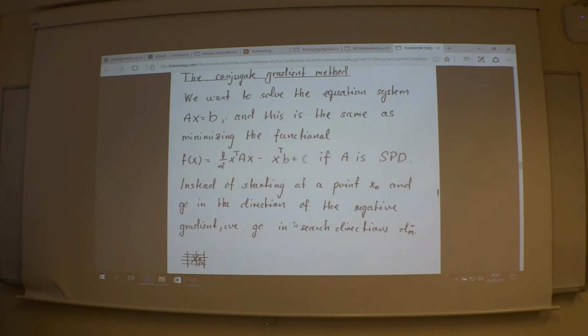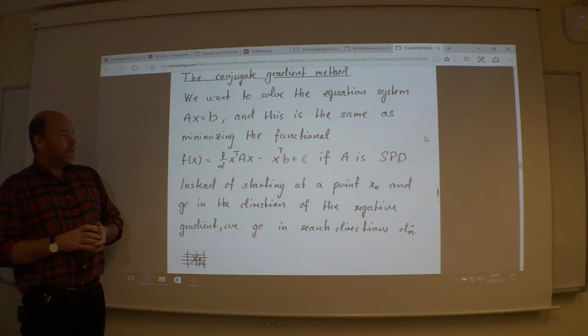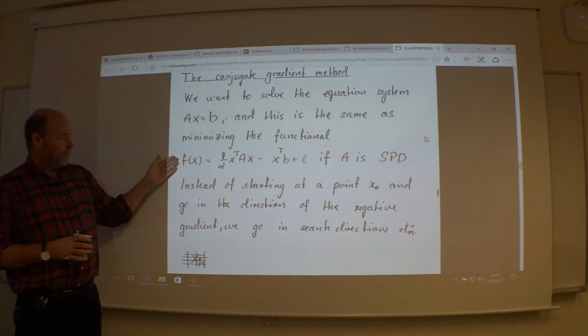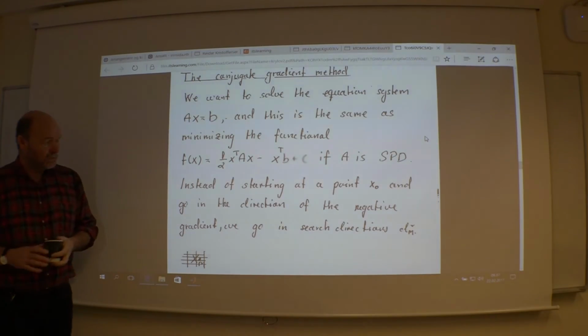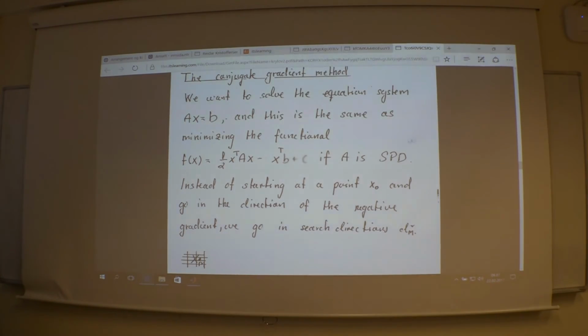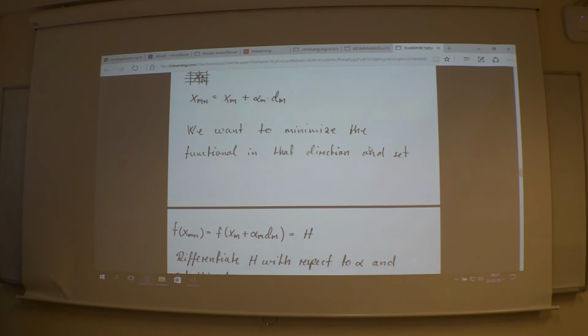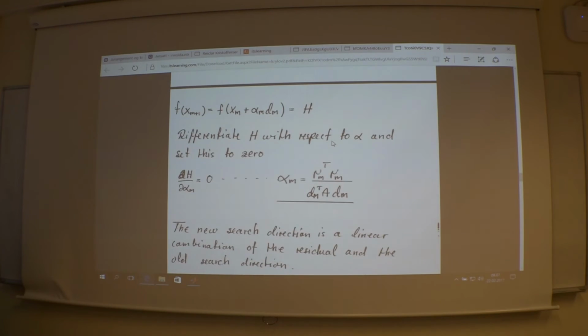So here you now have conjugate gradient. So same setup for the problem, linear equation system, minimize this functional. So to start the algorithm, we have no choice than do as we did with the steepest descent. That's the first step. So we have no choice there.